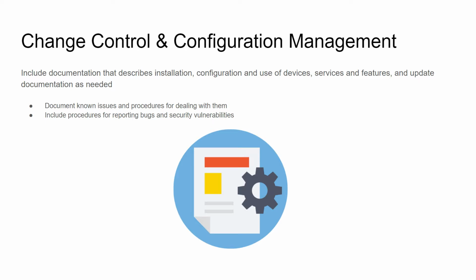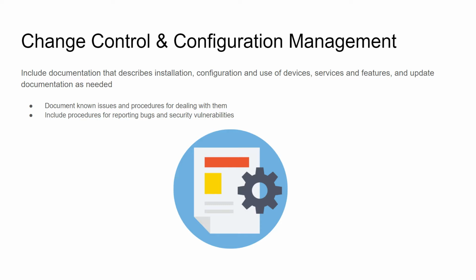Document the known issues and procedures for dealing with them. So if you face some issues, make sure you document that. And also after you solve that issue, make sure you add the procedure for how to solve it inside that document, so in future anyone else can take that as a reference. You can include the procedure of reporting bugs and security vulnerabilities.